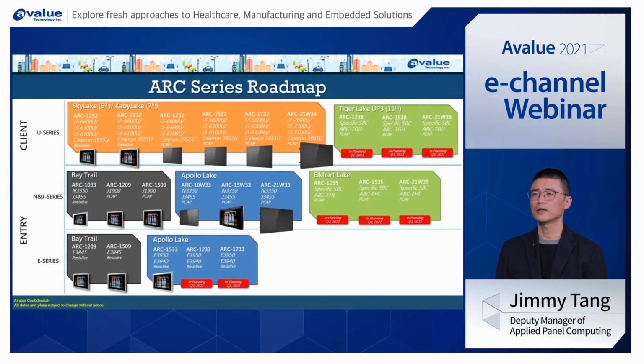Here's the roadmap of our ARC series. As you know, we cover the Atom-based and Core i series, and we are developing our new products, like Alder Lake and Tiger Lake products, in Q1 and Q2 as well. So our ARC series will get more and more products to fit different scenarios and applications.